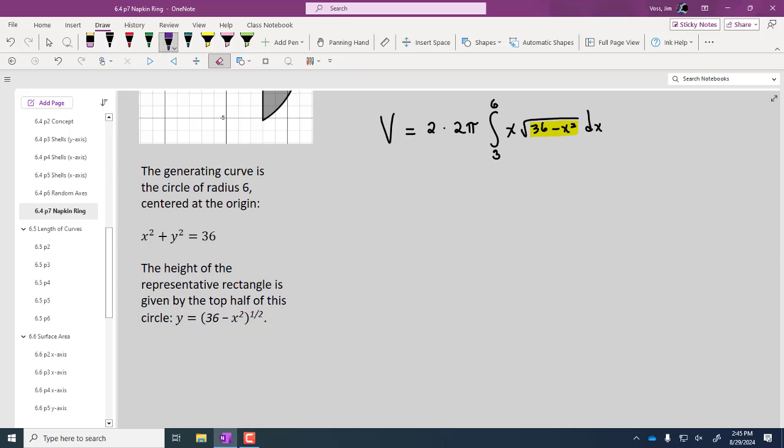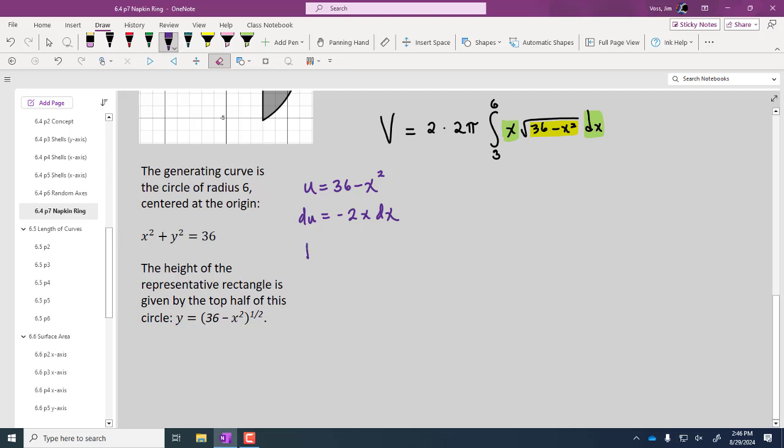So let's go ahead and let u equal 36 minus x squared. And then we want to take the derivative of both sides. And we get that the derivative of 36 is 0. The derivative of negative x squared is negative 2x. And there's lots of ways you can do this. I'm just looking inside this integrand right there, and I see x dx. If you wanted to, you could pull in one of these 2's to make it match better. Doesn't matter. Lots of ways.